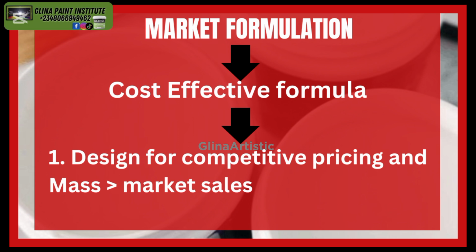You understand? Then under the market formula, it's easy for you to understand this process. Like I said, when you are giving people in the market to sell for you, that is the market formula, e.g. shops. You're giving out to shops to sell for you.